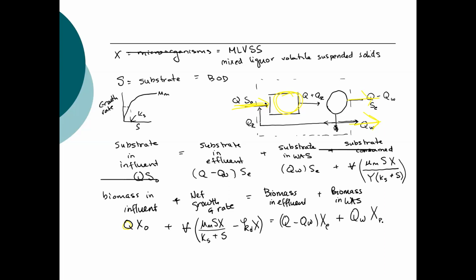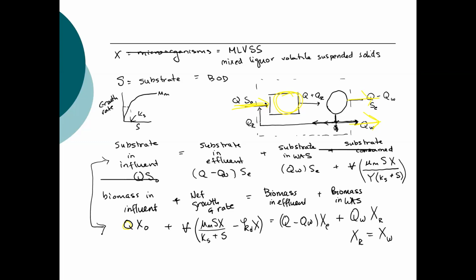And typically we use R, but remember, R for return activated sludge is equal to the concentration in the waste activated sludge. It's the same. This is our sludge here. Some portion we're wasting, some portion we're returning to the basin. So what we do is we couple these two mass balances.